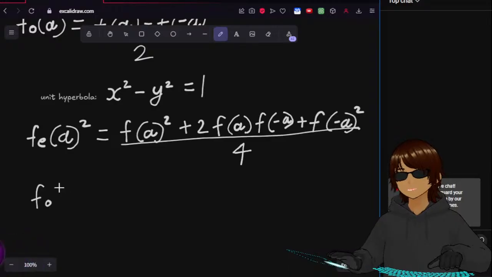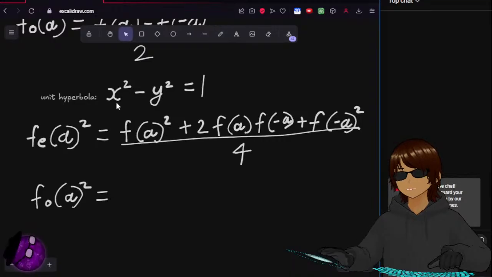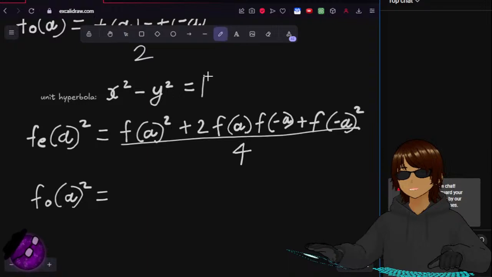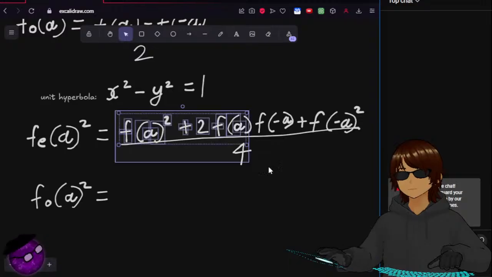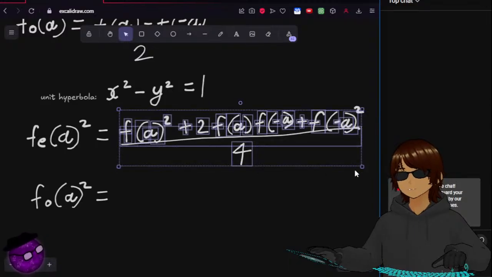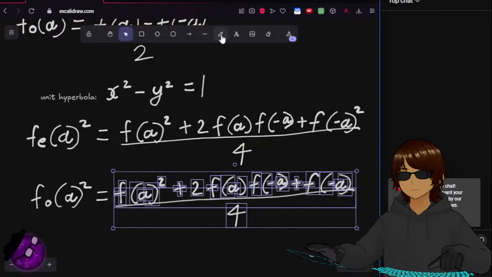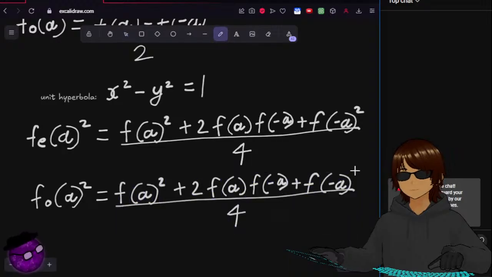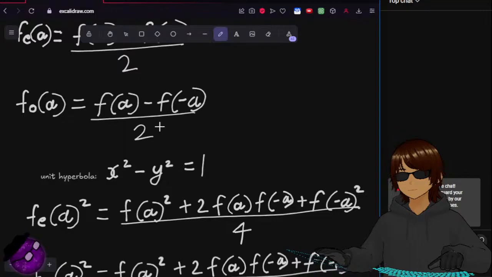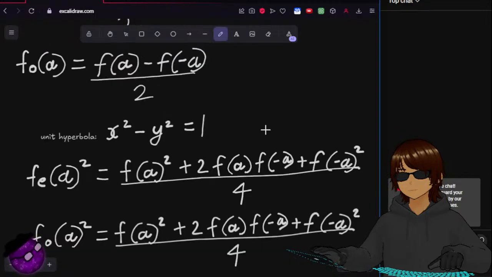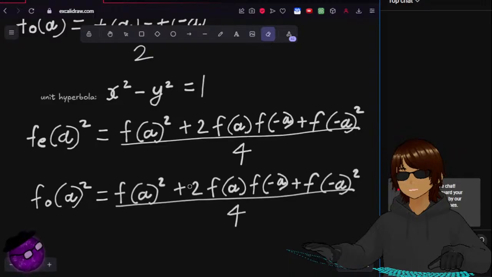And for the odd part, I square this, I get this same thing, except that this is a negative.